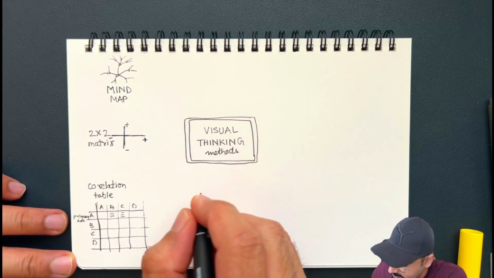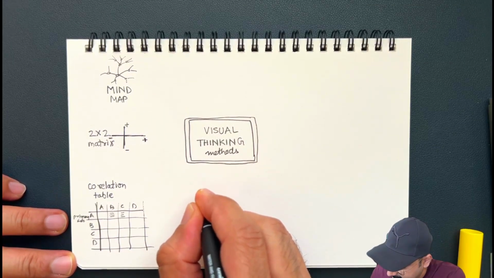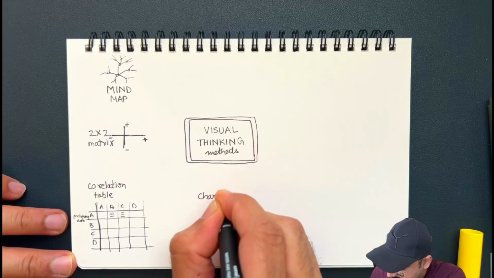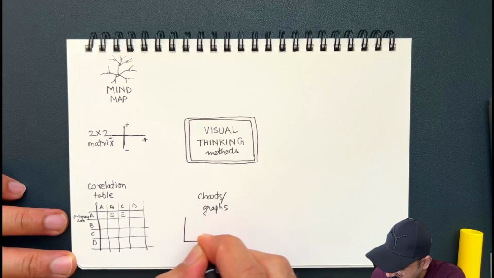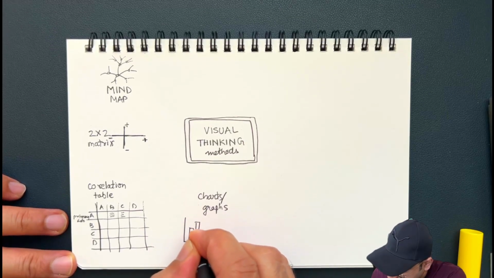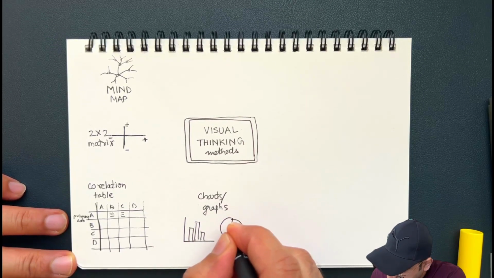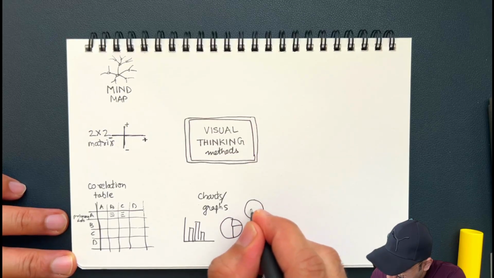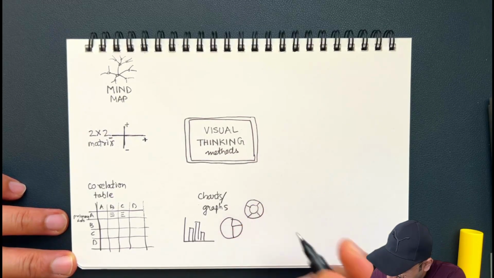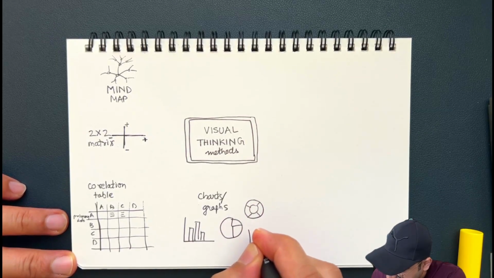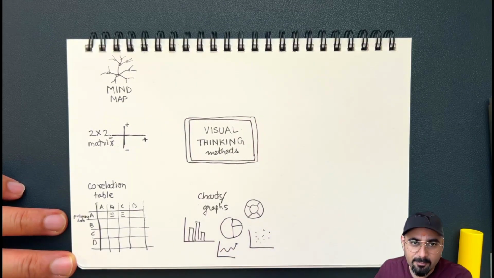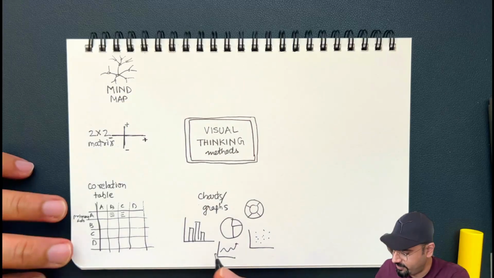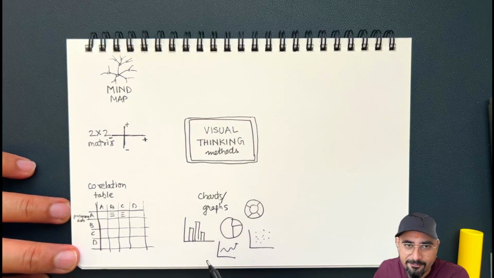The fourth visual thinking method is charts or graphs, right? So we have seen the column chart, then pie chart, right? Then donut charts, and all the other kinds of charts, the scatter chart or line chart, right? So these are nothing but visual tools to communicate information, and this can also be used to think visually.